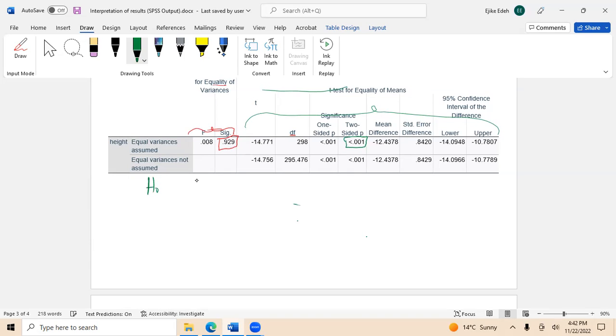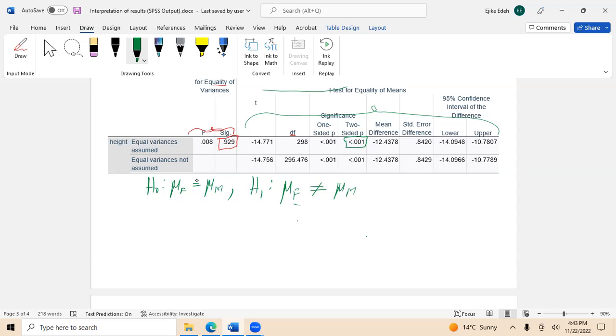The null hypothesis says the average height for female is equal to the average height for male. And then the alternative hypothesis, of course, will be that the average height for female is not equal to the average height for male. So this is the test we are conducting using this table, okay?